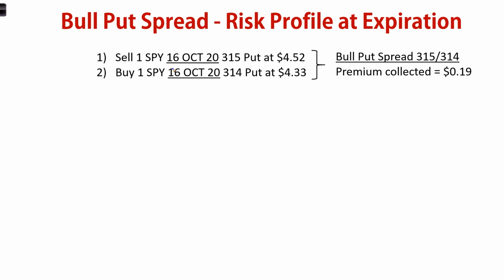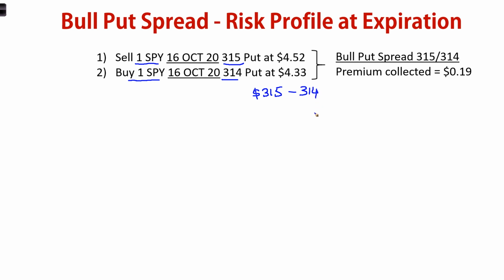Now when you enter the bull put spread, what it means is that when the price of the SPY stays above 315, you are safe, and you get to keep all the premium that you have collected. However, if SPY falls below 315, then you are obligated to buy 100 shares of SPY at 315. This is because you have sold a put option on SPY at the 315 strike. Now if SPY falls lower to below 314, because you have bought a put option on the SPY at 314, you now have the right to sell away your 100 shares of SPY at 314.